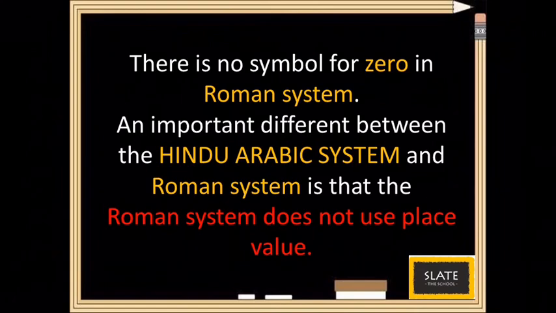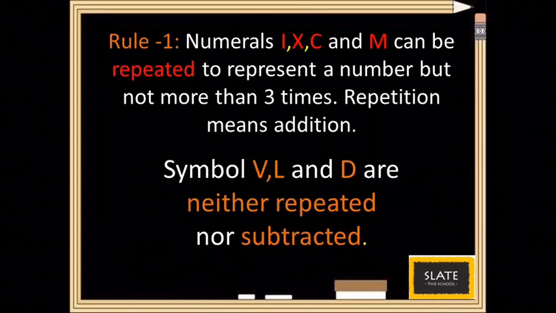An important difference between the Hindu-Arabic system and Roman system is that the Roman system does not use place value. We have to follow some rules while writing Roman numbers. Let's see what the rules are. Rule 1.